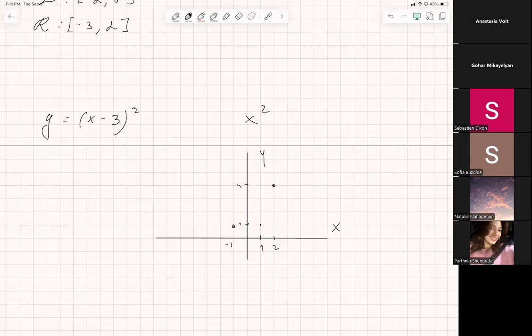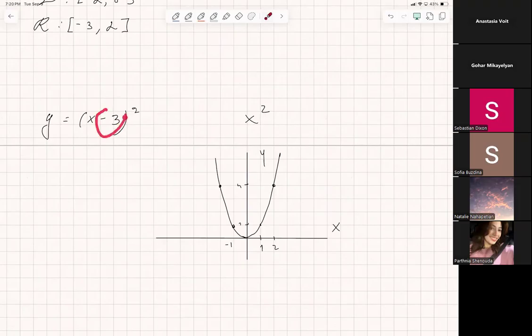Okay, so we have the points here and here. Okay, something like this. So this is just the simple x squared parabola, right?